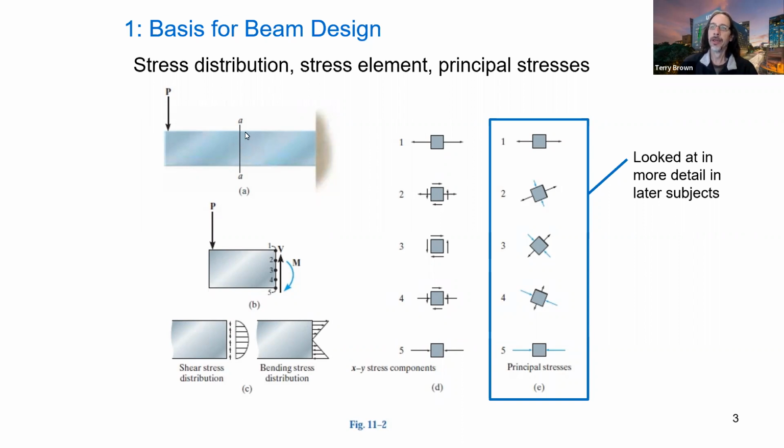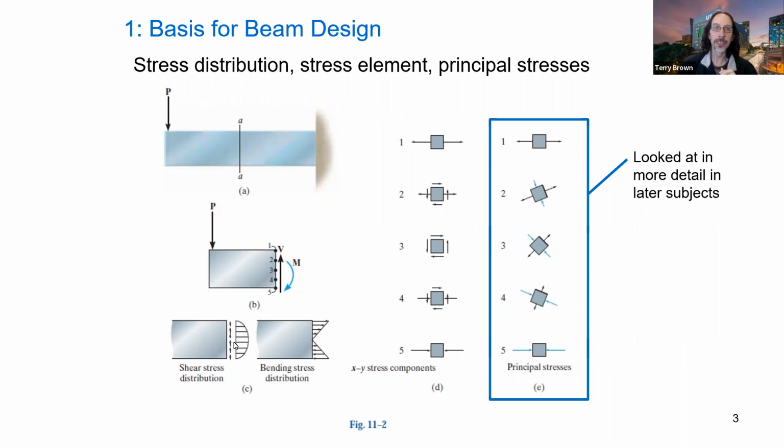Okay, so the normal stress from bending, as we've seen, varies from 0 at the neutral axis out to a maximum at the outer fibre, and the variation is linear. So this is for stress equals My upon I, your normal stress due to bending. Then your shear stress distribution for a rectangular cross section is parabolic like this, with the maximum at the neutral axis or the centroid.